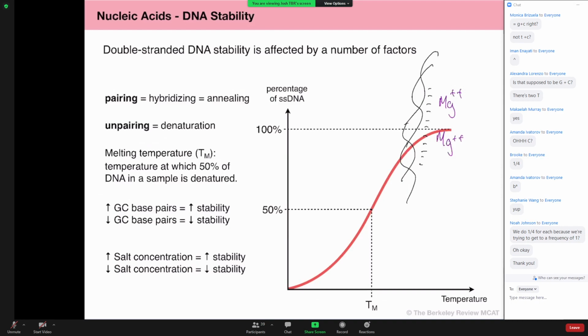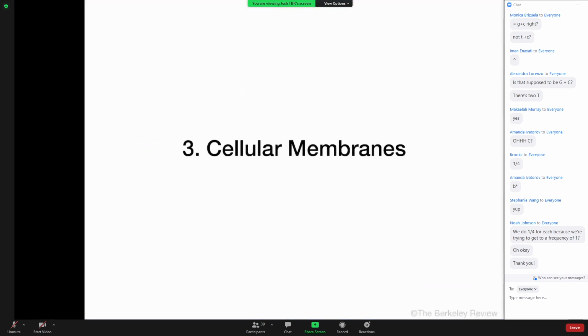So the negative charges from the DNA next to each other have less repulsion, and the backbone is more likely to stay together. I mean, the DNA is more likely to stay hybridized. This should all be pretty good review.